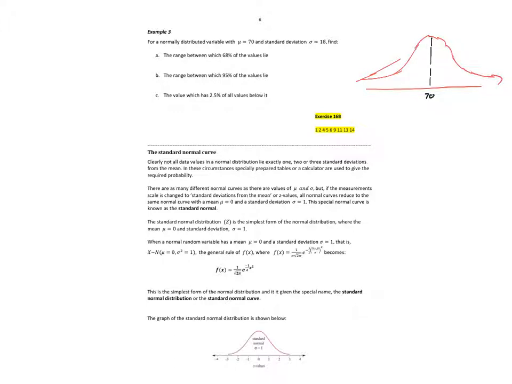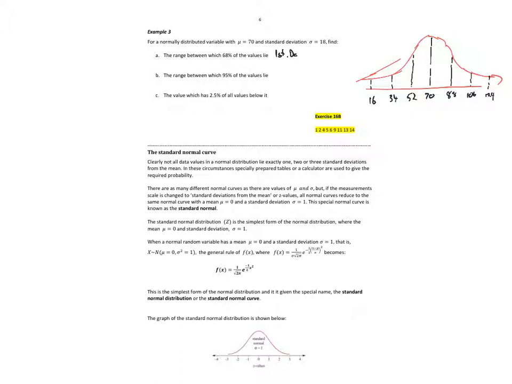There's 70, plus 18 is 88, 106, 124. Subtract 18 for 52, subtract 18 for 34, subtract 18 for 16. Now, the range between which 68% of the values lie, that's one standard deviation.